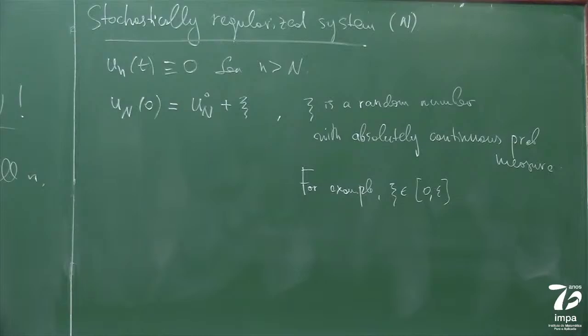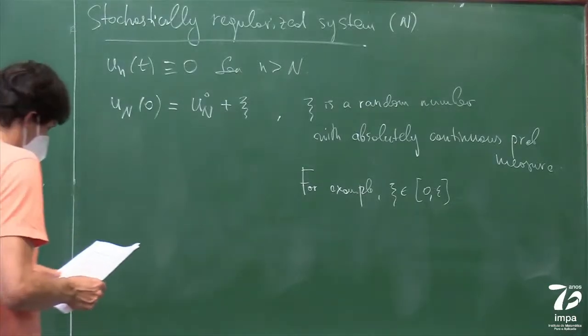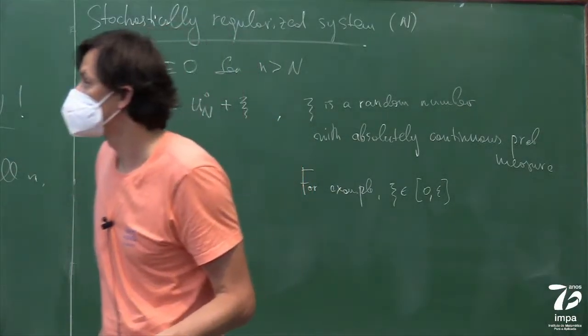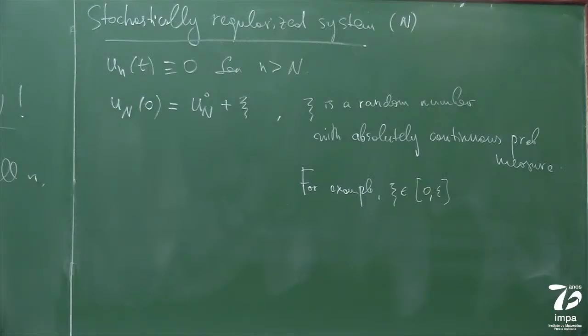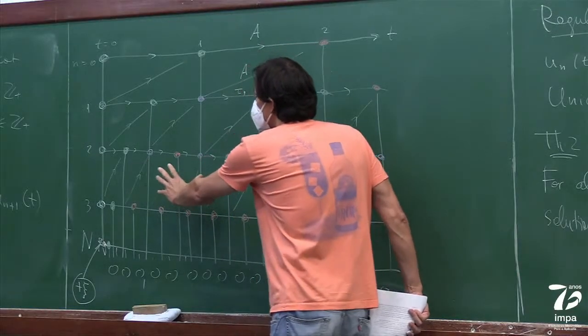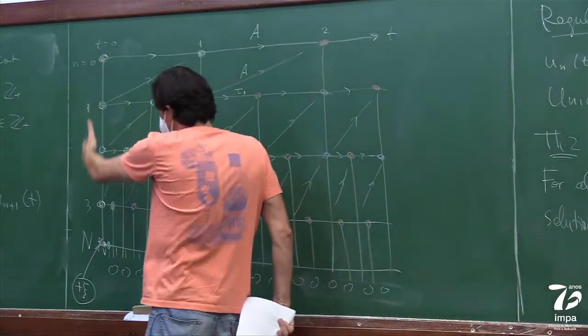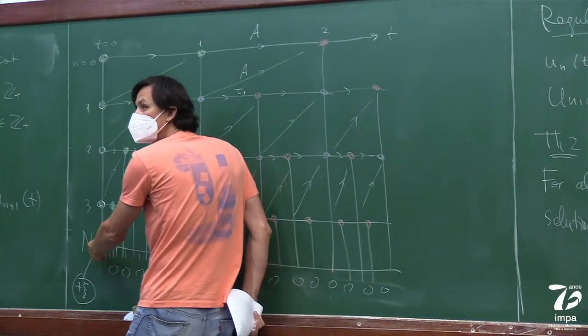So what's now? Now the initial condition is random. So what we have is a deterministically evolving system with a random initial condition, because we put a random number here.